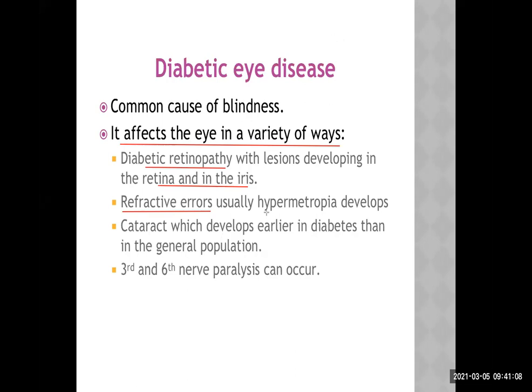As a result, there is an imbalance in osmolarity between the different compartments, so excessive fluid may enter the lens of the eye, resulting in refractive error. The common type of refractive error is hypermetropia. Now, I want to hear some answers. What do you mean by hypermetropia? Anybody?